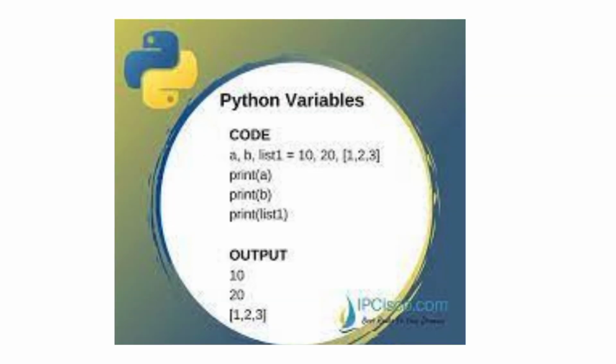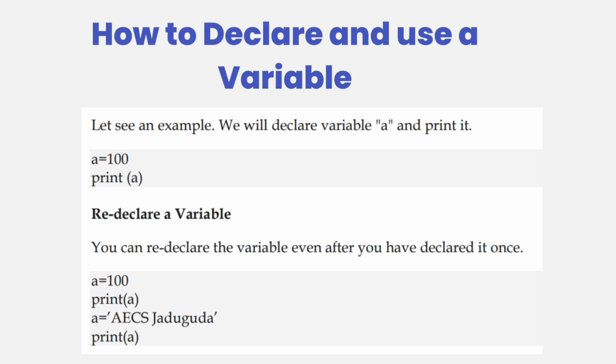In the case of a variable of type int in C programming, it is int x is equal to 9 and a semicolon. Then in Python, the variables code is just a, b, and print a; the output gives a, b list 100, array 1, 2, 3 assigned, then print a, print b, print 3, which gives the output 10, 20, 1, 2, 3, 4. Python variables are very easy to use in the Python language.